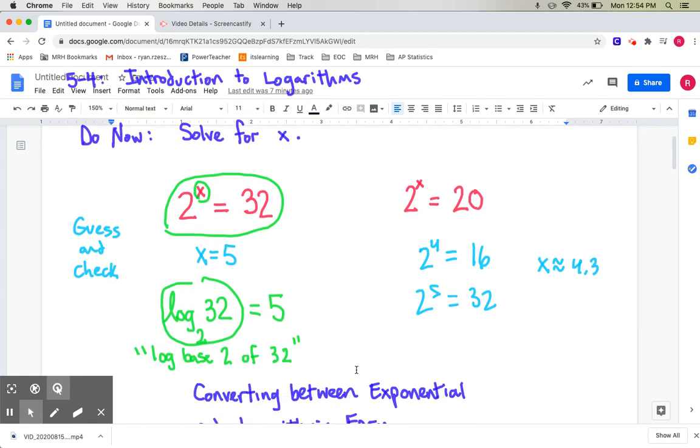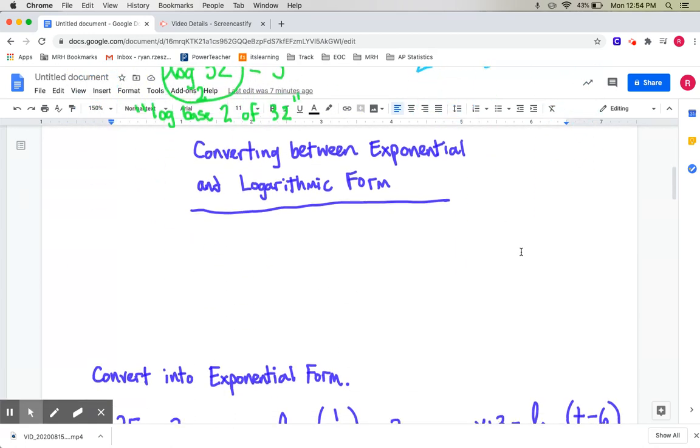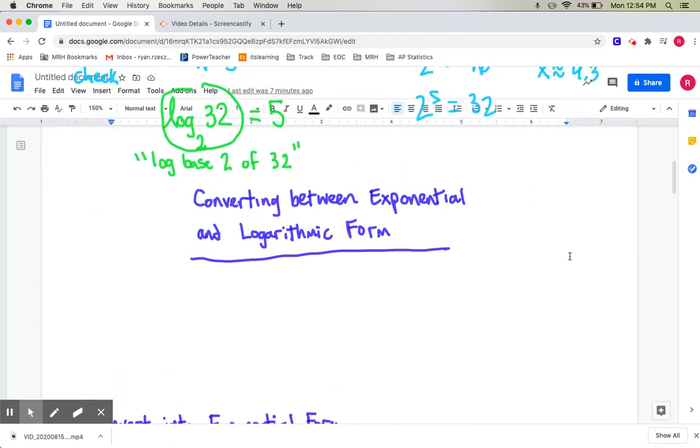So the first thing I'm going to do with this problem right here is give you a rule for converting back and forth between exponential form and logarithmic form. Anytime you write a log, I like to use a cursive L so it doesn't look like a 1 right here. Logs have a base on them. I'm going to use just the letter A for this problem right here.